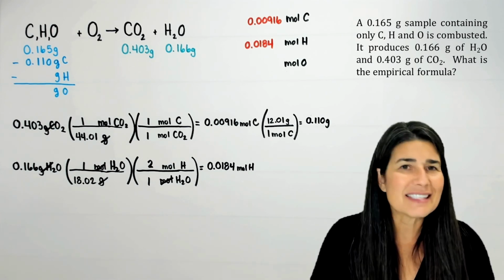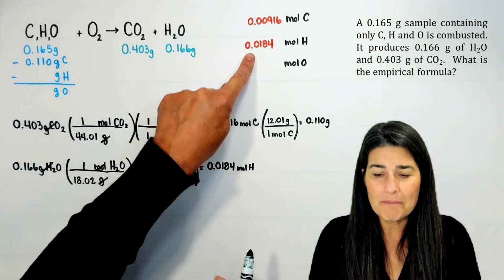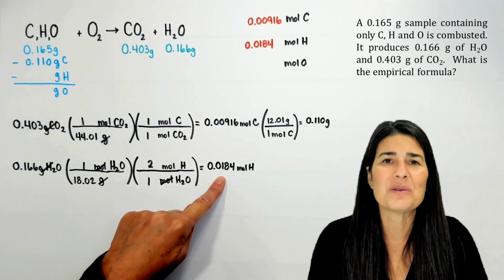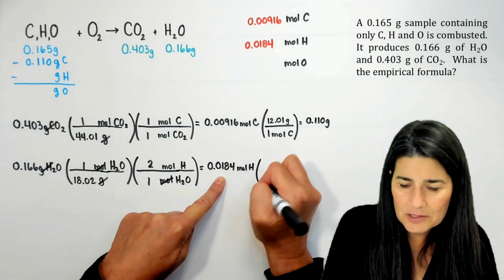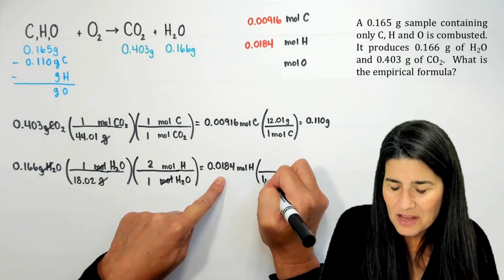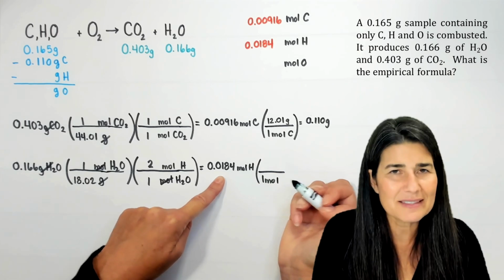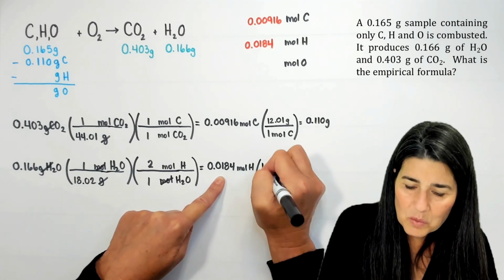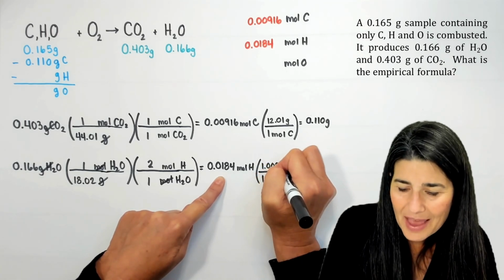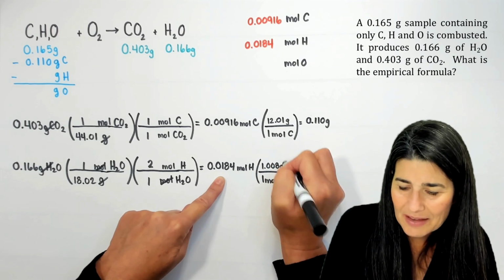Now we're going to do the same thing with our hydrogen. We have moles of hydrogen. Let's change those into grams. So hydrogen has a beautiful molar mass. 1 mole of hydrogen is basically 1 gram. We can use 1.008 grams, 1.0079.